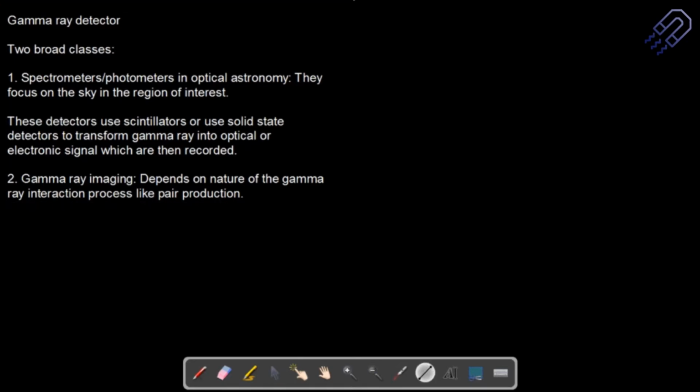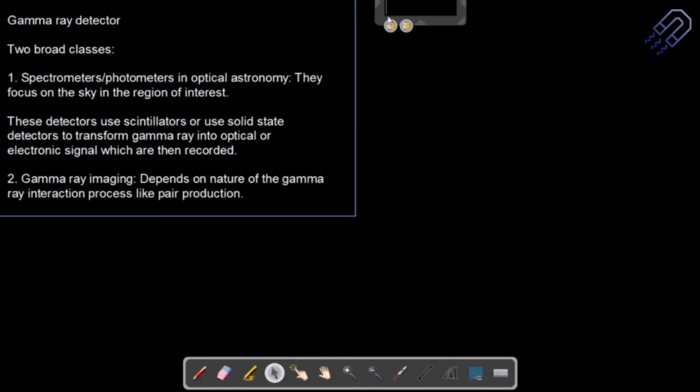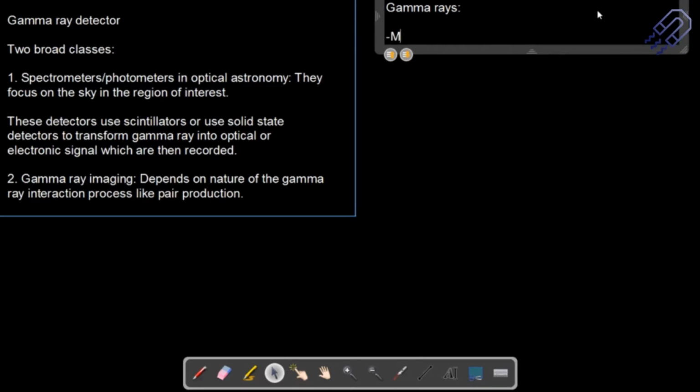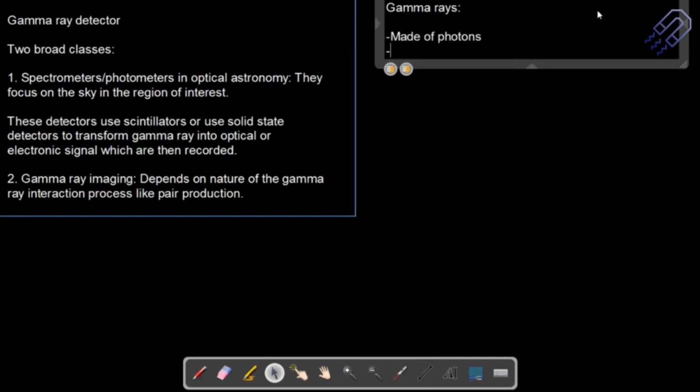But then some more basics about gamma rays are also important. So let's just talk a bit about gamma rays here. Whenever we are talking about anything on the electromagnetic spectrum, we are more or less talking about photons. So they are basically made of photons. We already know it.